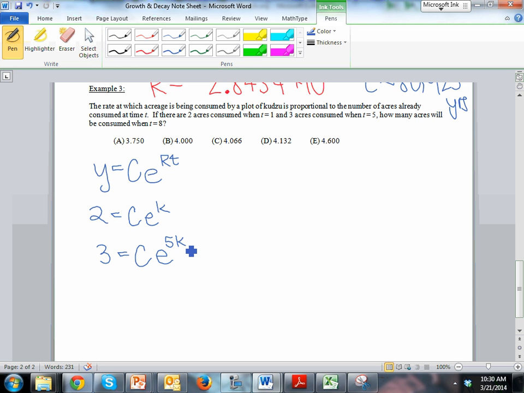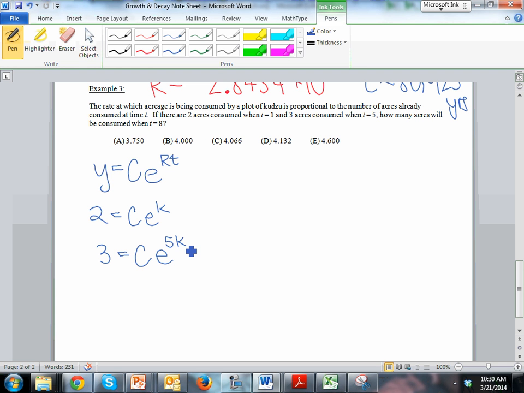What can you do? How are they equal? This is 2, this is 3. We have 2 variables in both, don't we? You could substitute, but let me give you an easier way.